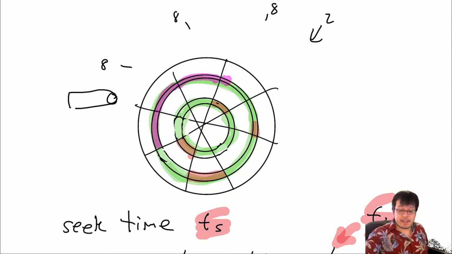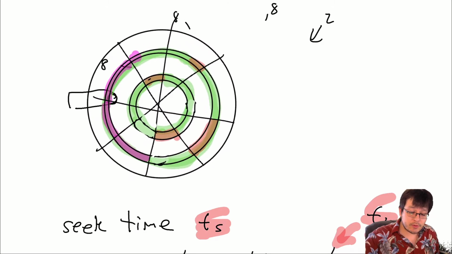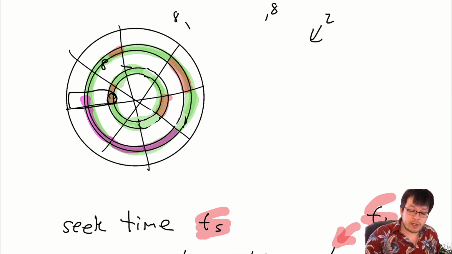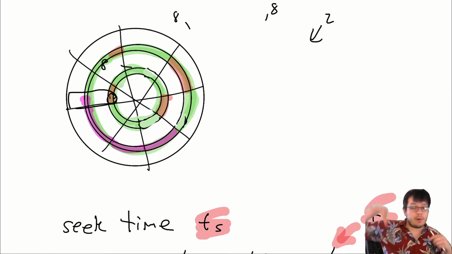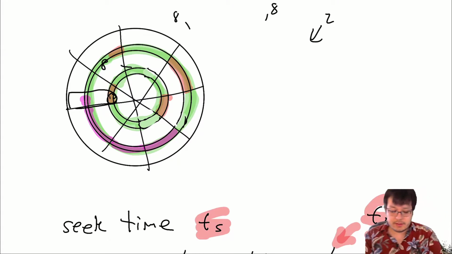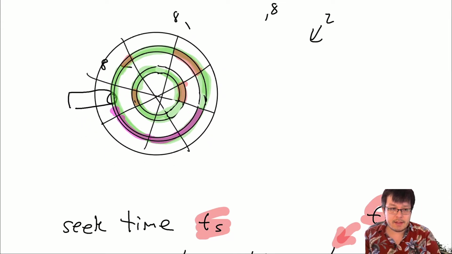Then, the time it takes for the spinning to line up to the right sector within the track. So the time it takes for us to spin to where we want to be. Let's say we're here, and we're trying to go to the pink one at the bottom right here. Seek time is going to be to move to this track and then to wait.